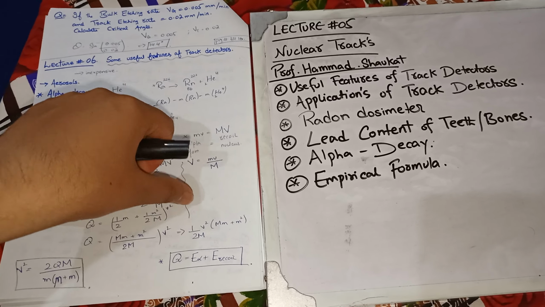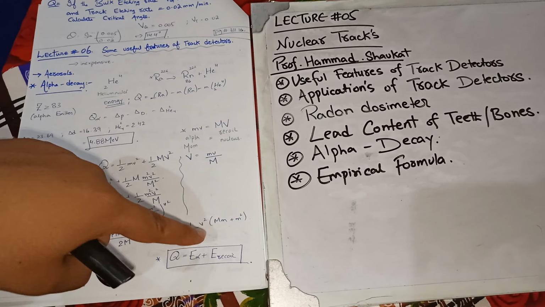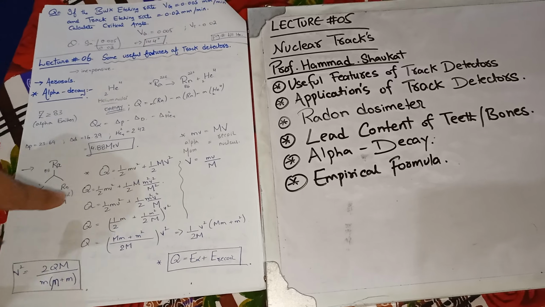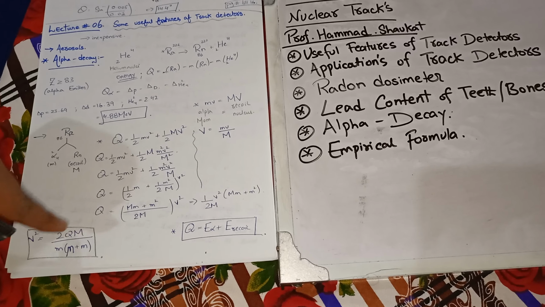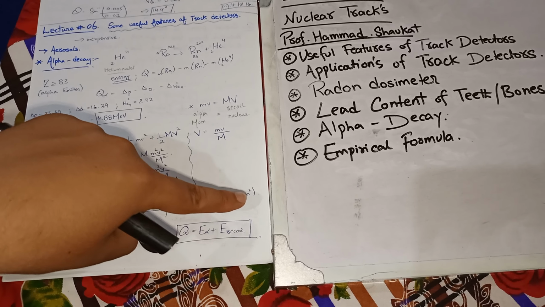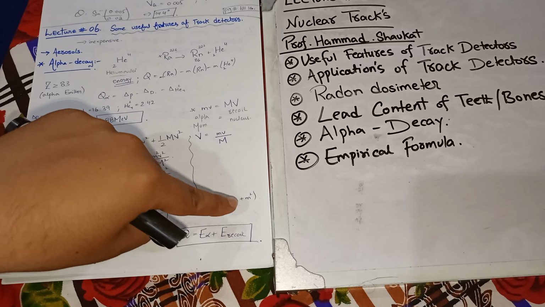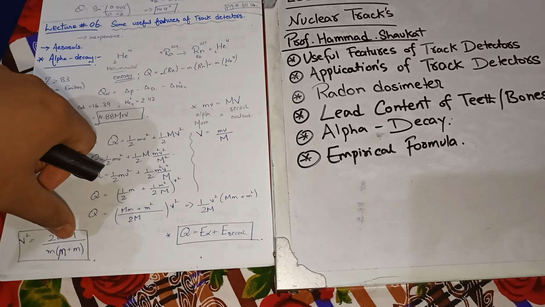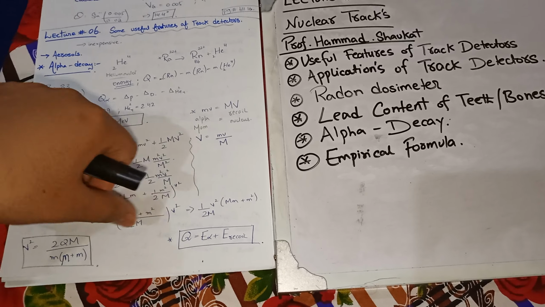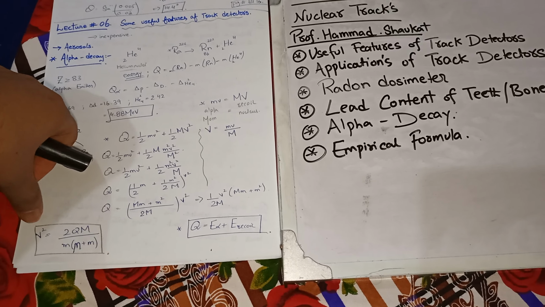Taking V square outside and moving all the other terms, you get 2m multiplied by Q divided by M square, or you can also take one small m common, capital M plus small m. So this is our final relation for V square.